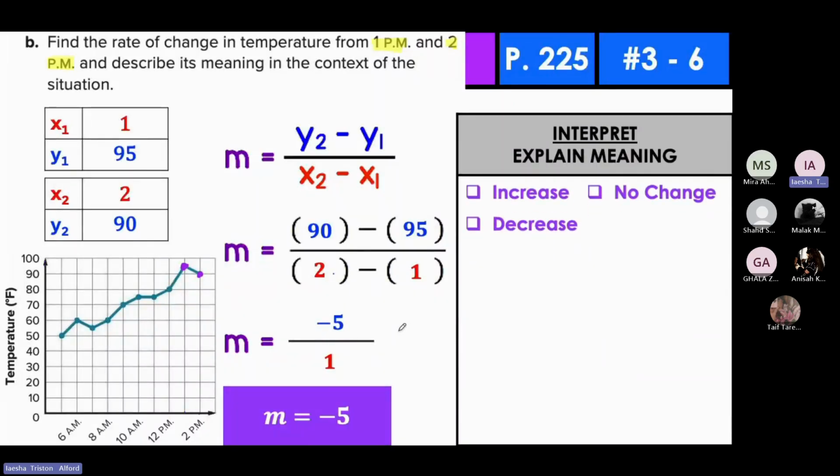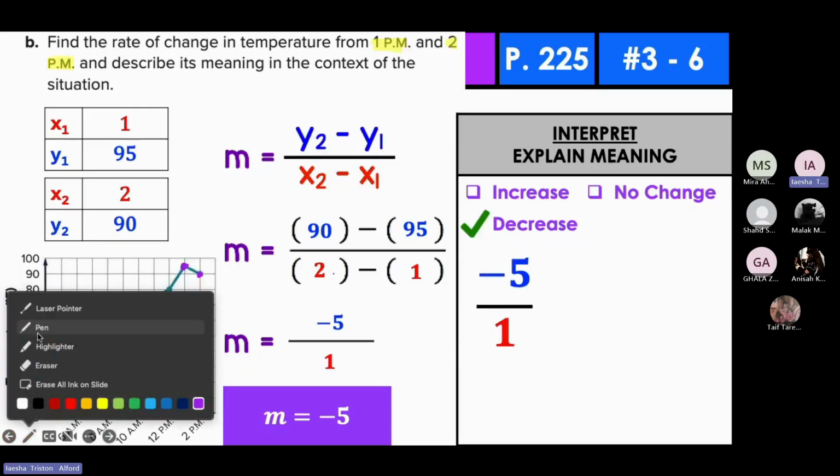So, increase, decrease, no change? Decrease. How do you know? Because the slope is negative. Good, the slope is negative. Change in y over change in x. -5/1. Good.